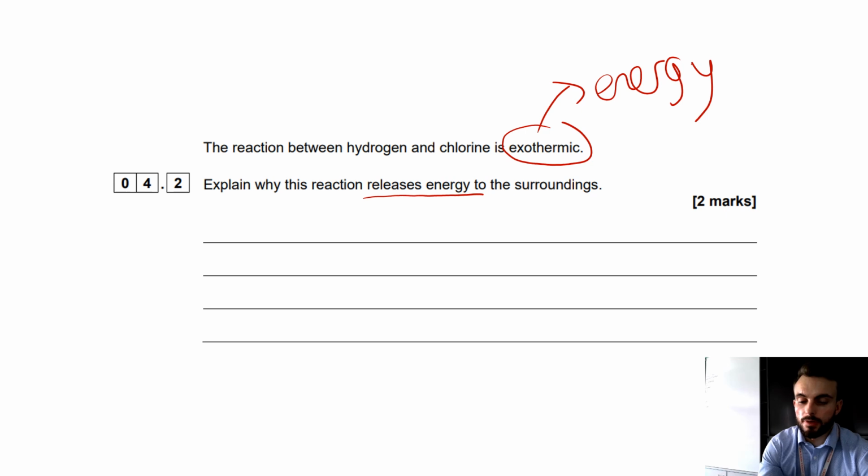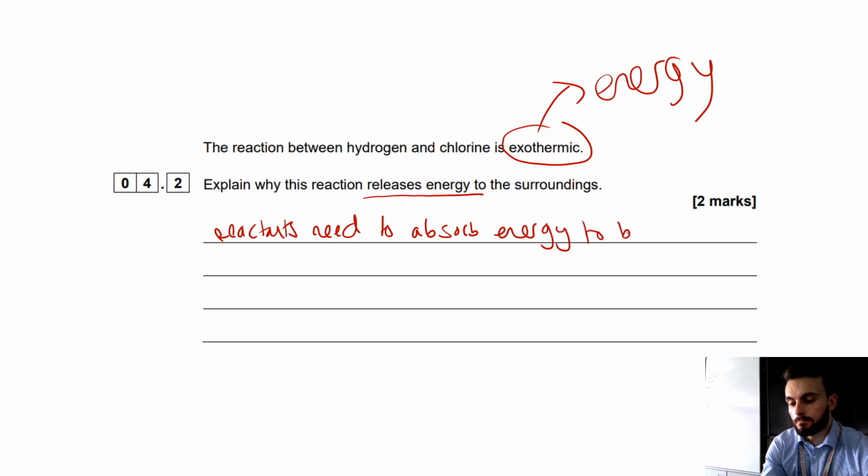So the endothermic part is the fact that reactants need to absorb energy to break the bonds. However, also, to get the first mark, you also need to say products release energy when the new bonds are made.